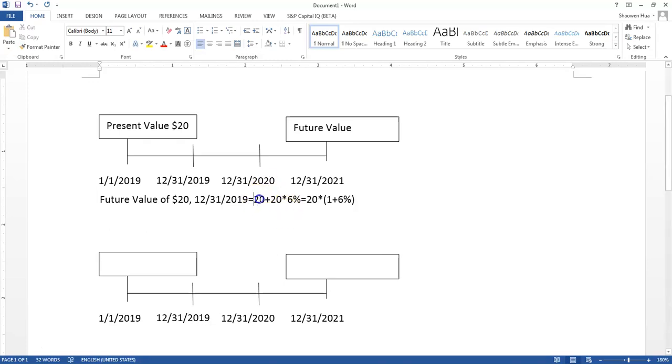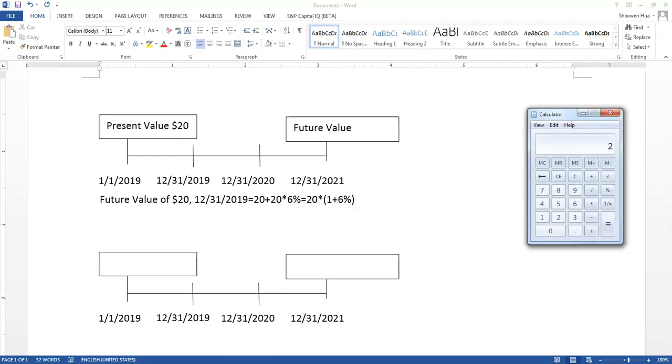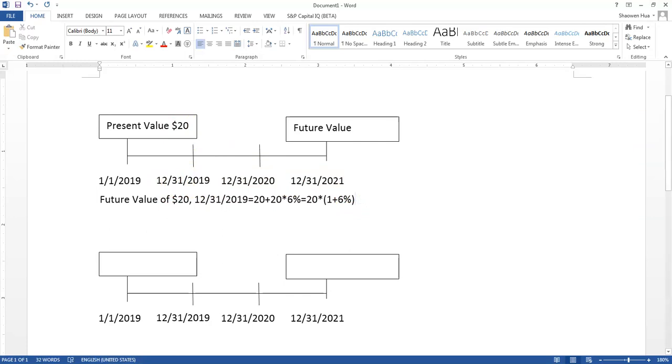Pulling out the 20 from both components, the parentheses has 1 plus 6%. So $20 multiplied by 1.06. One year later, if I pay the lender back on December 31st, 2019, the future value of that $20 is $21.20.